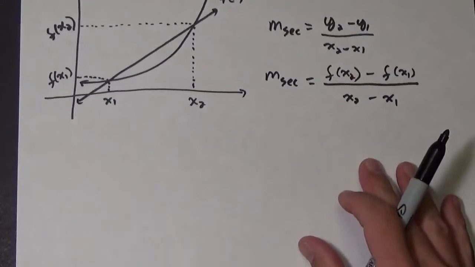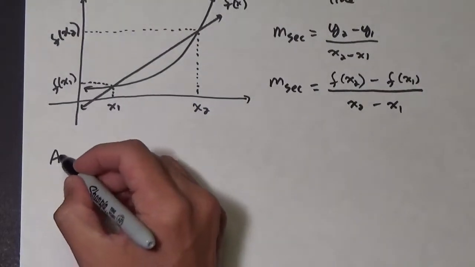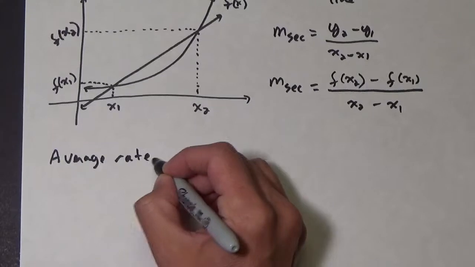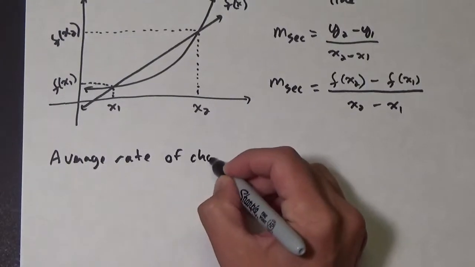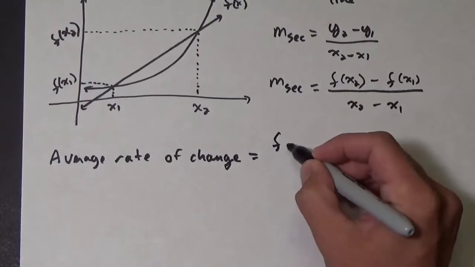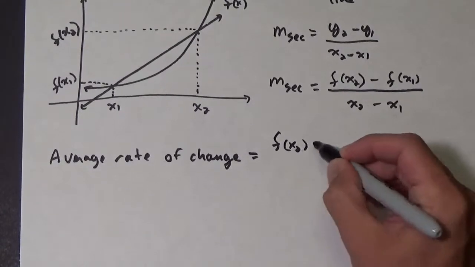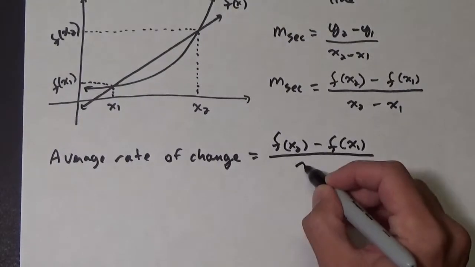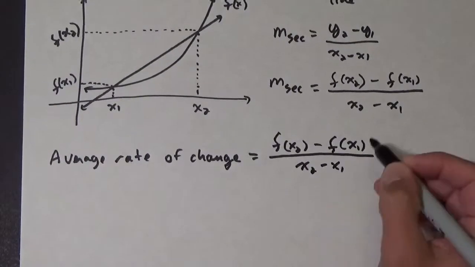So when you see things in a book, it's going to say that the average rate of change equals f of x of 2 minus f of x of 1 all over x of 2 minus x of 1.